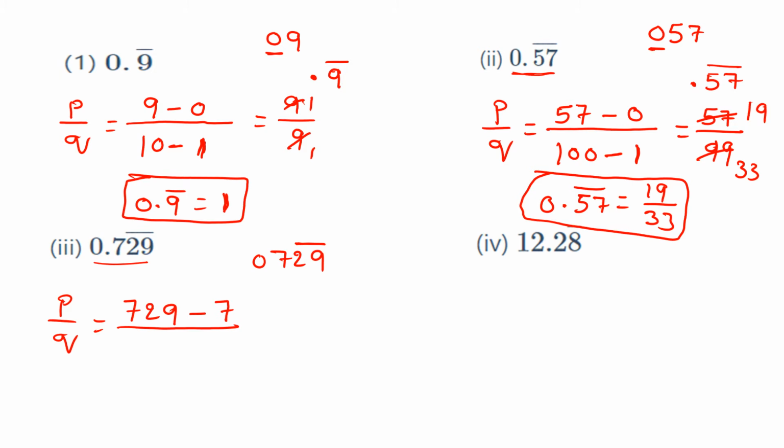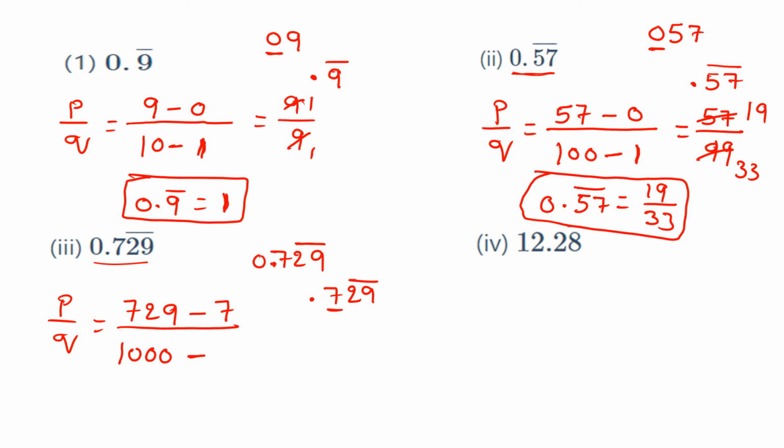Coming to the denominator, after the decimal point, how many decimal places are there? There are 3 decimal places. That's why we should take 3 zeros, that is 1000. Now minus, after the decimal point, the number of digits which are not repeating, only one digit here.